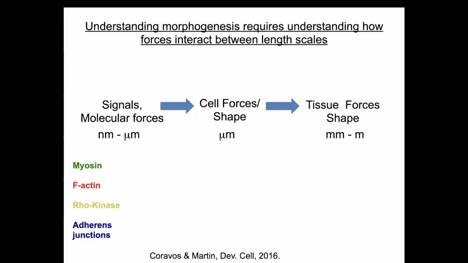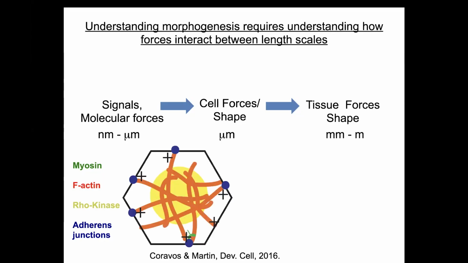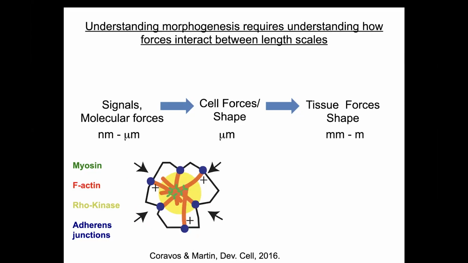And then the molecular motors and force-generating machinery, myosin and F-actin. So in this case, these molecular level structures are going to organize at the cell level and generate force to change cell and tissue shape. In this case, myosin assembles in the middle of this cell to contract it. Okay, so this is the basic structural unit that I'll be showing you in my talk.